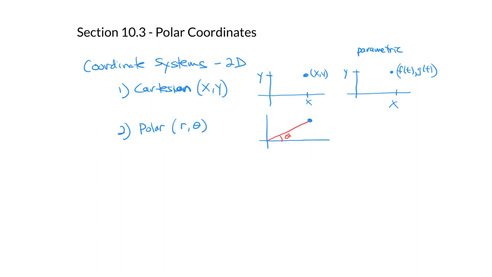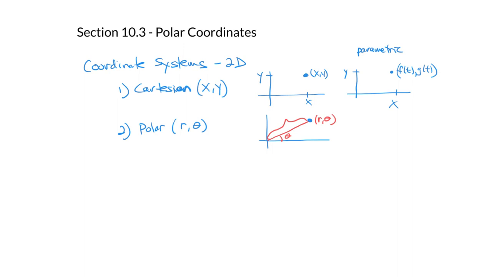And then we go out r units. You describe this angle and this distance to get to that point, and the point would be labeled r, theta. So that's what we're going to look at today.